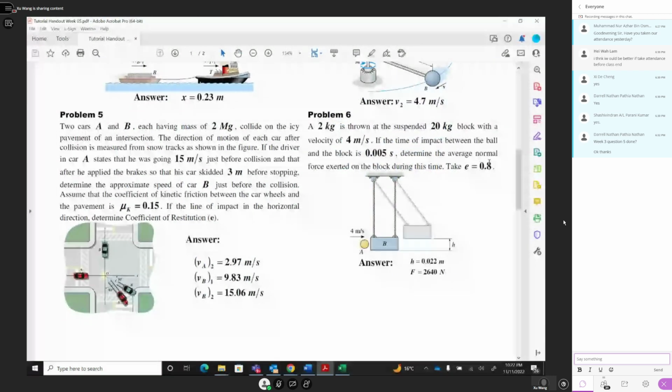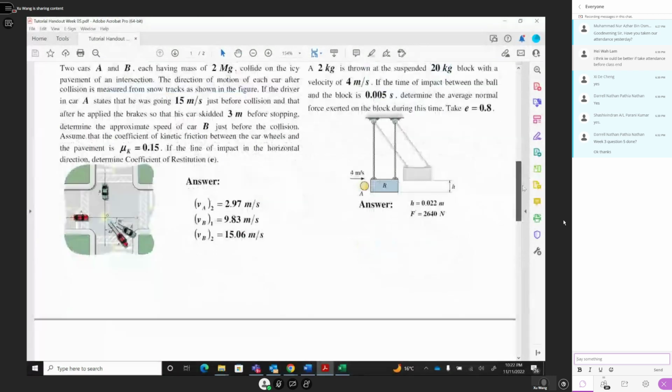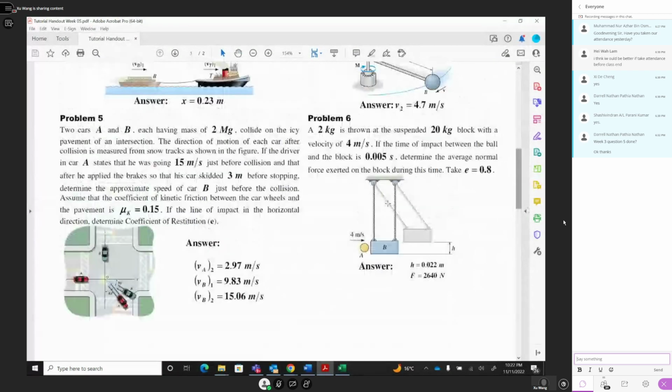Okay, move to the next problem. Number 6. Number 6 is a 2 kilogram ball that impacts a suspended 20 kilogram block, with the speed 4 meters per second.